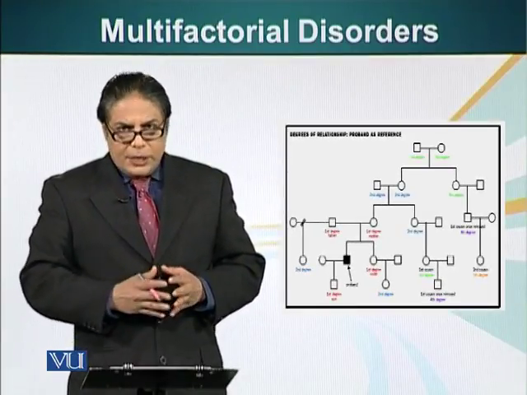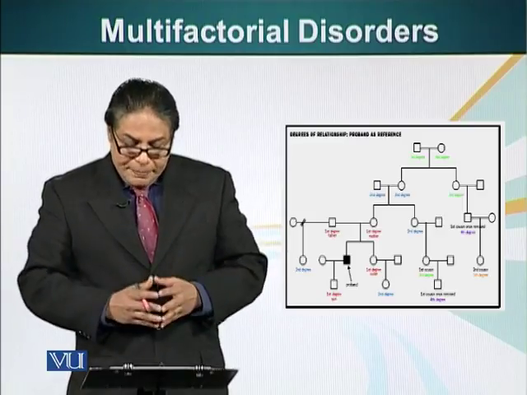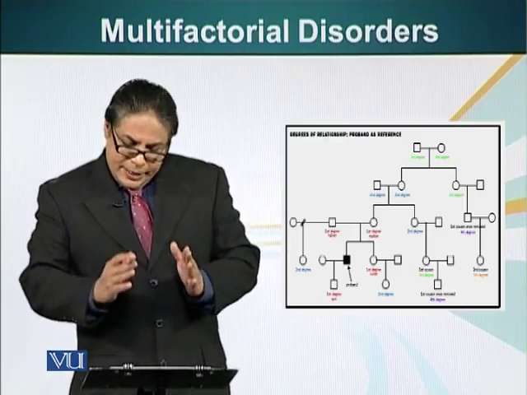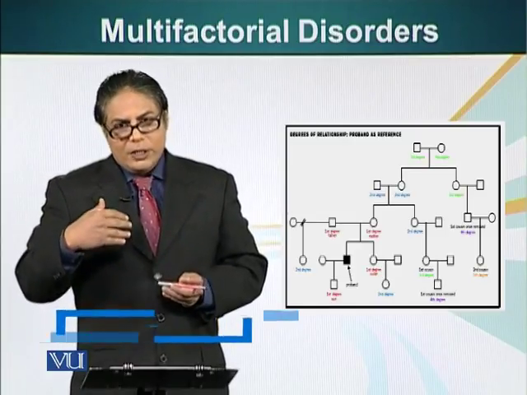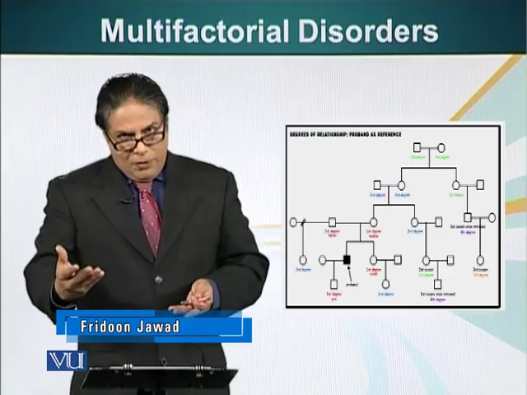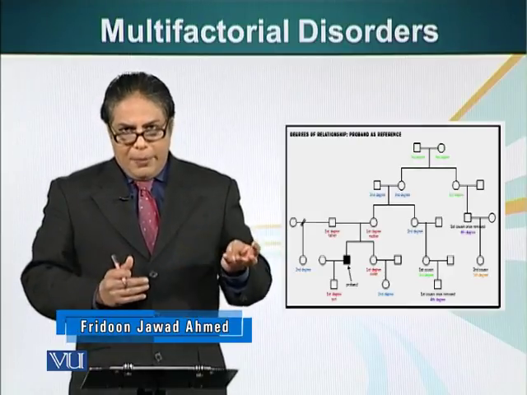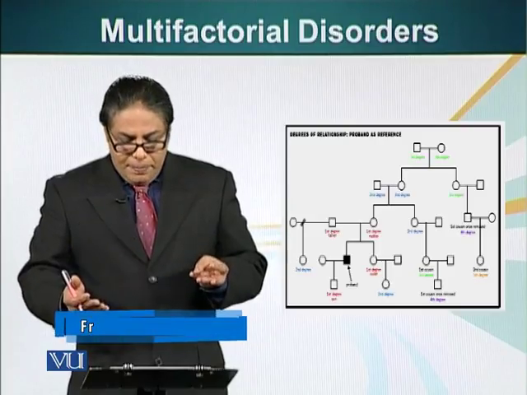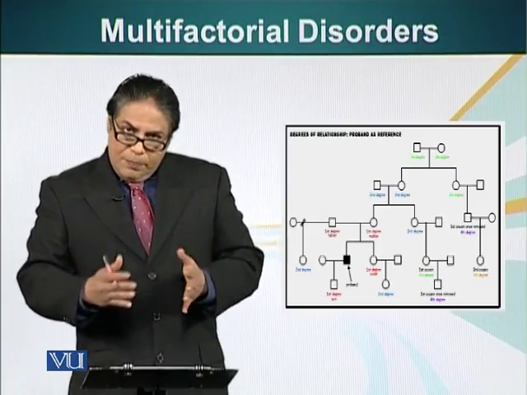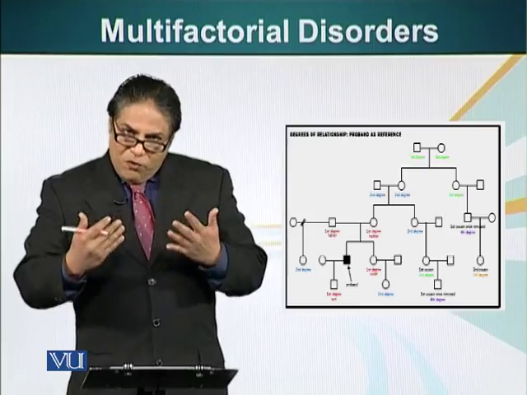Here on the screen you can see a graph, a pedigree, which tells us the degree of relationship. The first degree relatives are the ones we share 50% of our genes with. For example, our parents, our brothers and sisters, our children. These are our first degree relatives.